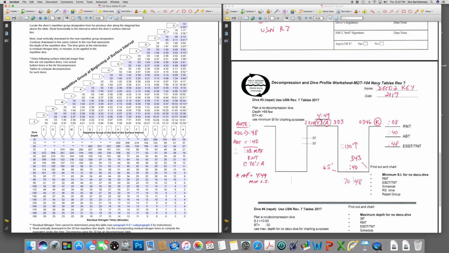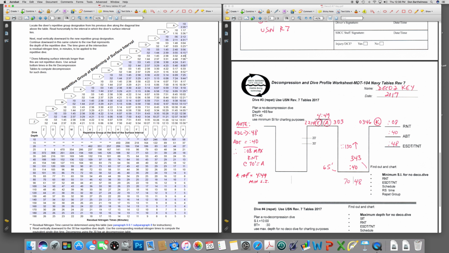The total nitrogen that the diver has in their body for this dive, the schedule we must pick to decompress according to, is 48 minutes. This is very important for us to understand. The diver is not decompressing according to 70 for 40. They're decompressing according to the sum of the residual from the prior dive and this dive, 48 minutes.